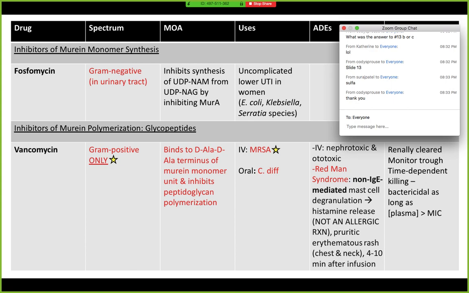But one that you definitely want to know all the details of would be vancomycin. Vancomycin is one of your gram-positive only antibiotics. Make sure you know that with IV vancomycin, you're treating MRSA versus oral vancomycin, you're treating C. diff. So why would you want to give oral vancomycin versus IV vancomycin to treat C. diff?